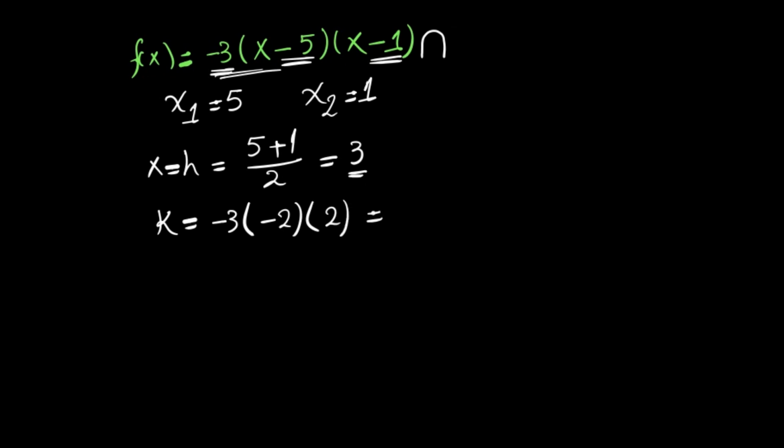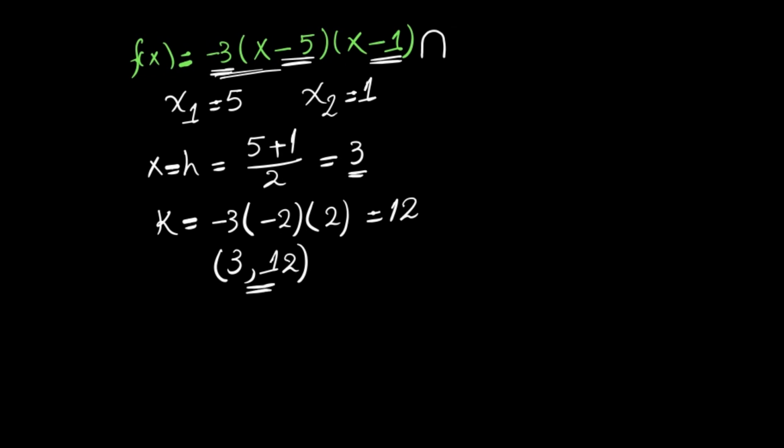The result will be positive because negative times negative is positive. 3 times 2 equals 6, and 6 times 2 equals 12. That means the vertex is (3, 12). This is how to get the vertex.